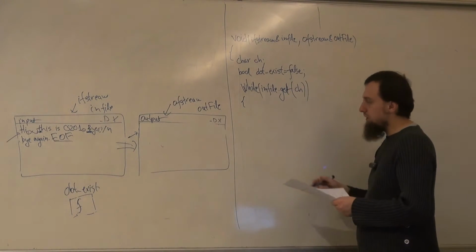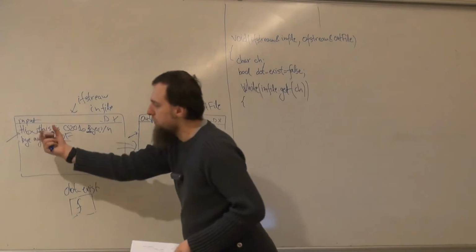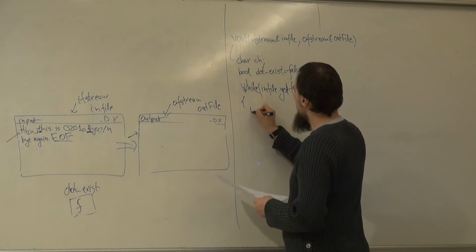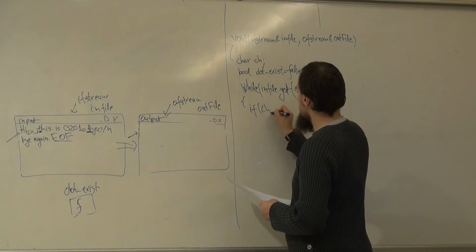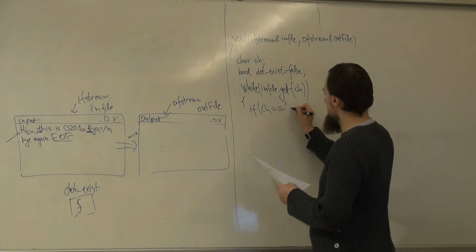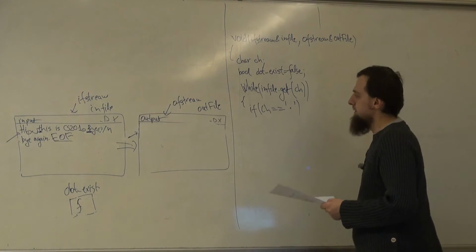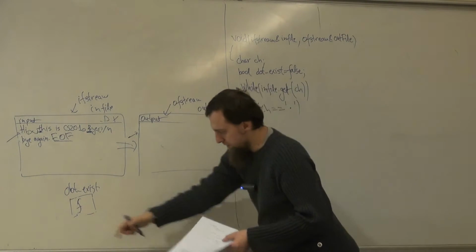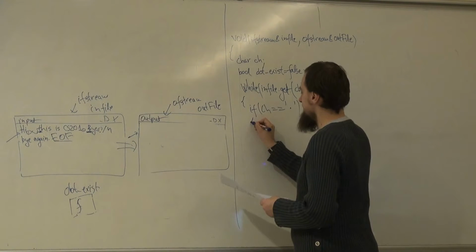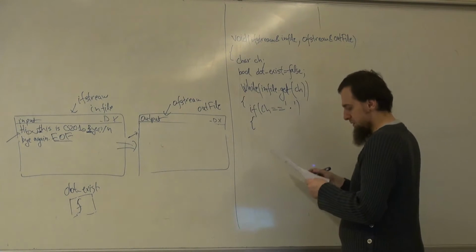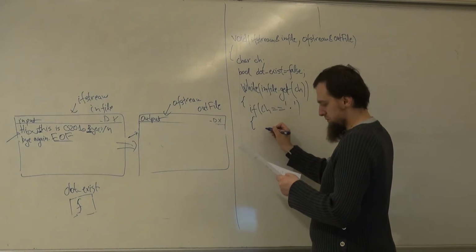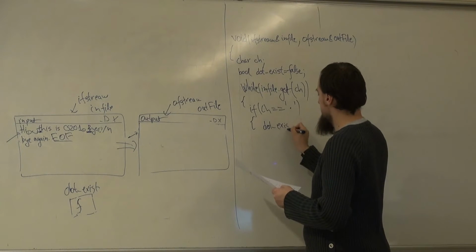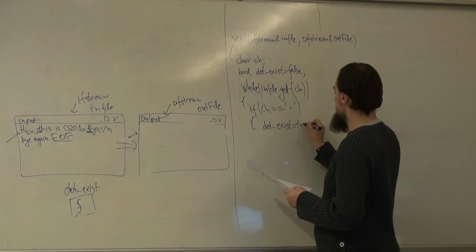The first thing we do is we check whether the character we have just taken is a dot. So we ask if the character is equal to a dot. If the character is dot, then dot exist becomes true.